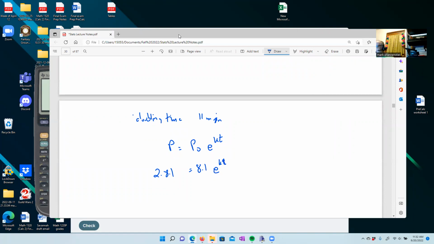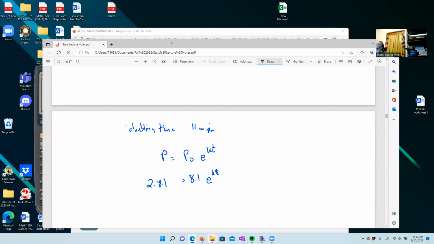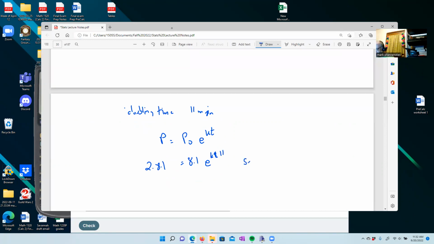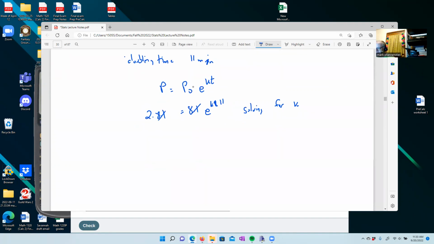They said this doubling happened in 11 minutes, so t is 11. We're going to solve for k. The 8.1s cancel on both sides, so we have 2 equals e to the 11k.